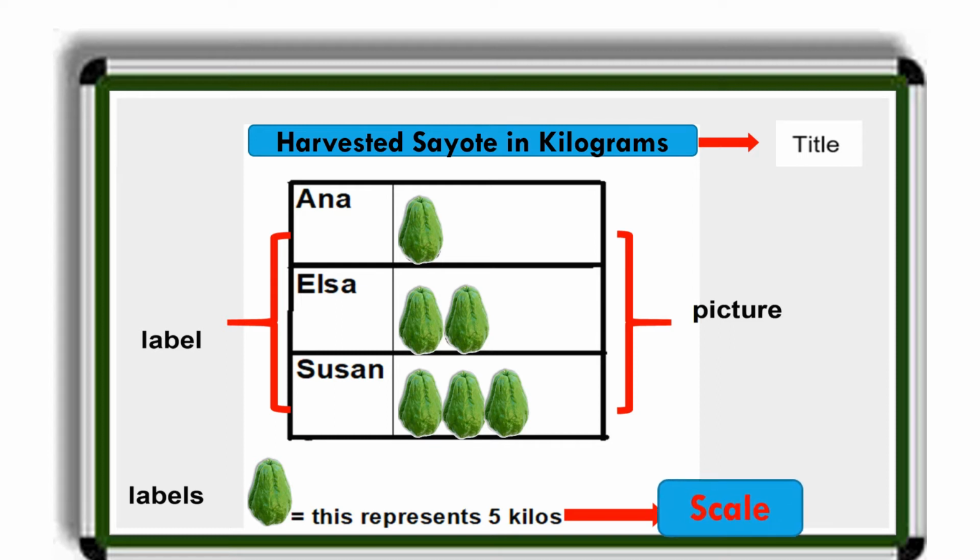This is a set of numbers that help to measure or quantify objects. A scale on the graph shows the way the numbers or pictures are used in data. There are pictographs that do not have scale. The scale tells us that each sayote picture is equal to 5 kilos.